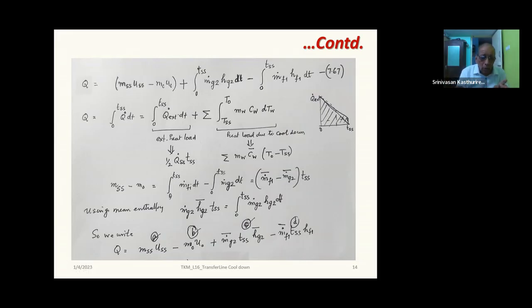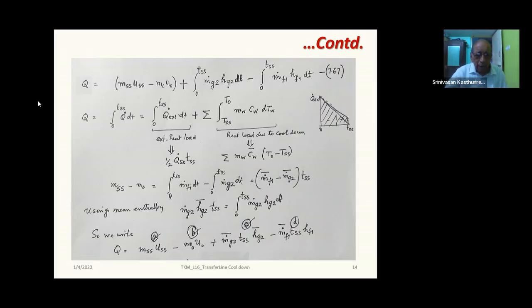So for doing that, what you can see is that this rate is going to be continuously varying with time. Initially, the cool down rate will be very small. Then gradually the rate will keep on increasing, and then it will become a maximum value. So therefore, you have to average it over the initial condition and the final value.